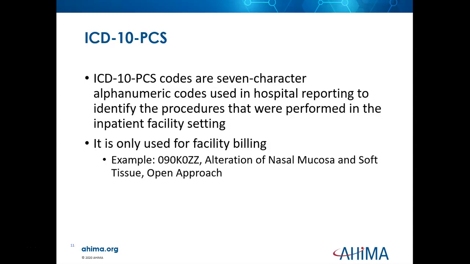And we'll get into a little bit more detail about that because you will use professional billing codes to identify the provider that did this procedure, but the facility is going to identify this procedure because they're getting reimbursed for everything else besides just the physician's work. They're going to get reimbursed for the use of the OR room, for supplies, for any nursing care, for everything else that is needed for this patient that comes in for this procedure.